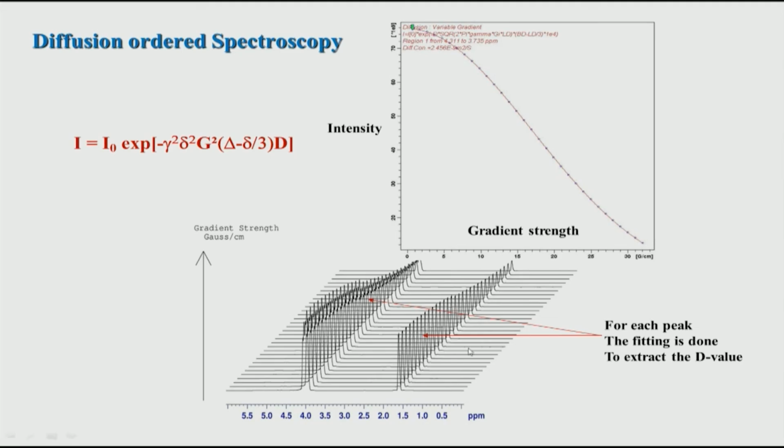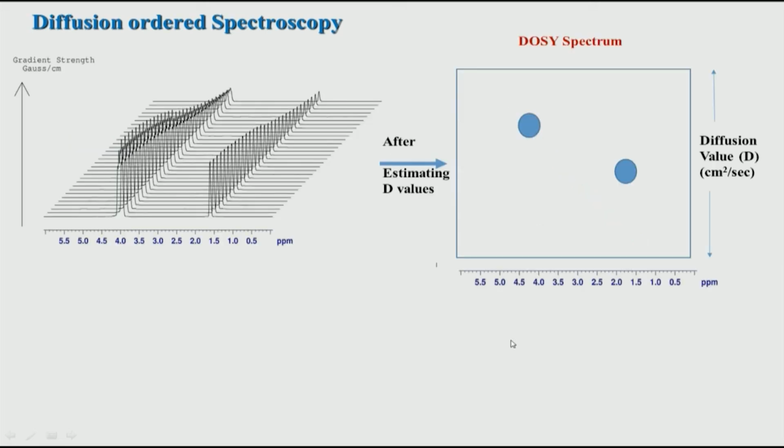Then the peaks corresponding to one molecule will show a different decay profile compared to the peaks belonging to another molecule in the mixture, and this is the strength of DOSY. DOSY helps you to differentiate between two peaks in the same spectrum, that they do not belong to the same molecule. If you recollect, this was what we did using TOCSY, we identified spin systems, but here the spin systems are different because the molecules are different.